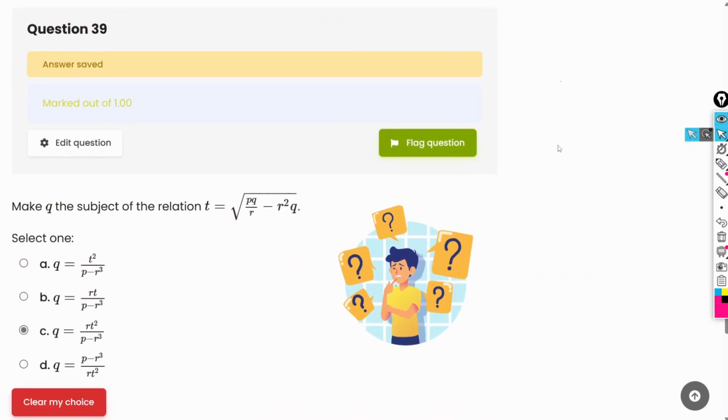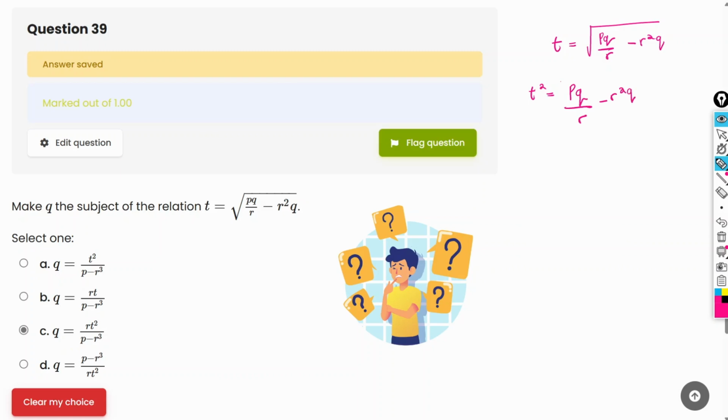All right, question 39 says t is equal to the square root of pq over r minus r squared q, and we should make q the subject of the relationship. So the first thing you want to do is take out the square root sign, so you want to square both sides. You would have t squared is equal to pq over r minus r squared q.